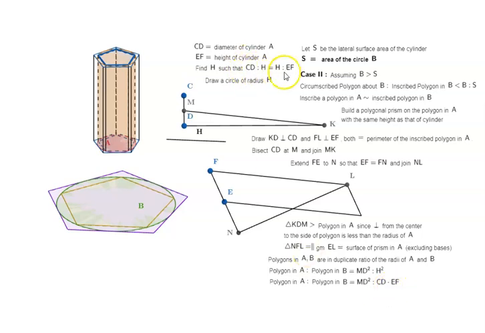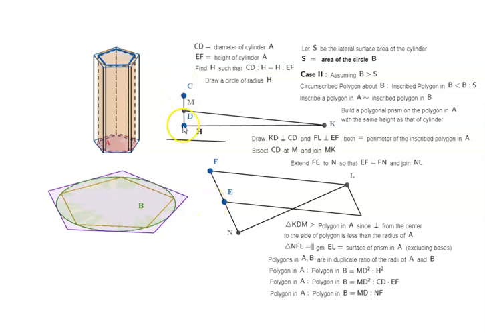Again, H is the mean proportional between CD and EF. So that means H square is equal to CD times EF. Polygon in A is to polygon in B is equal to MD is to NF. Again, remember, we had CD times EF.